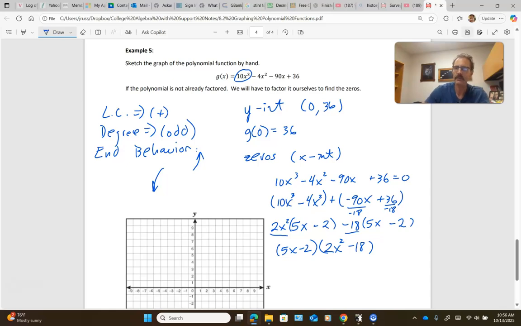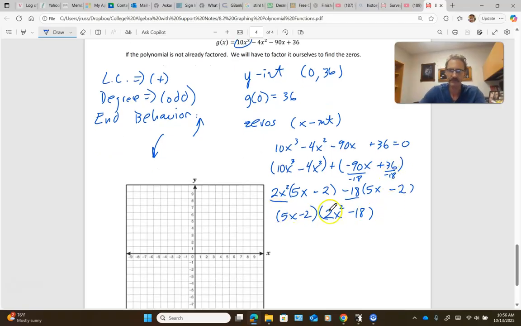So I factor this, and I end up with 2 factors. Now I'm going to set each of these factors equal to 0 and solve them for x. So this first one right here, I need to add 2 and divide by 5.